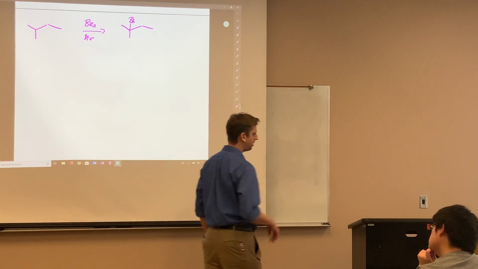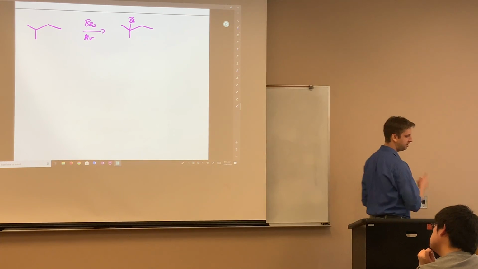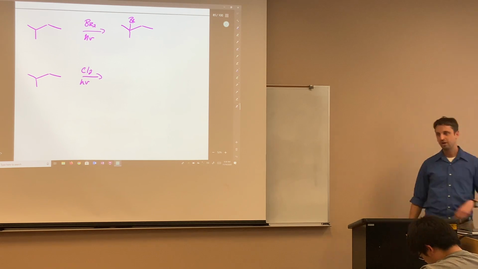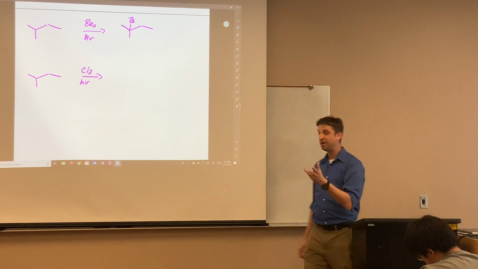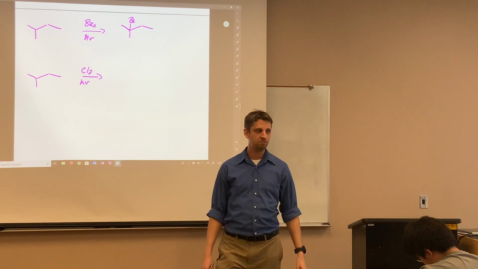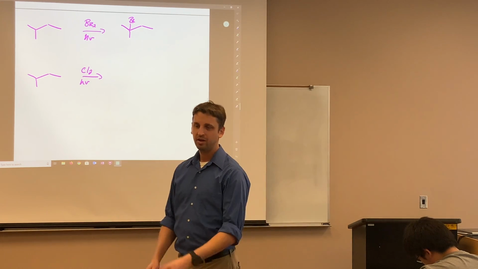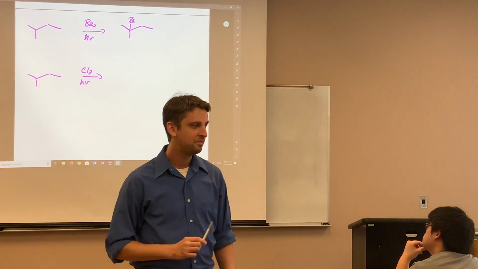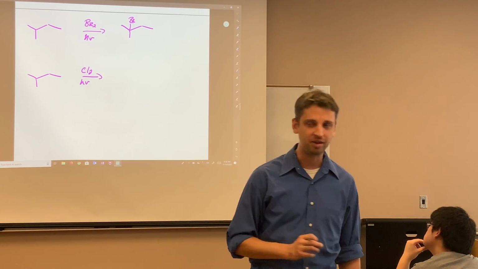Radical halogenation with chlorine is not quite as, let's say, well controlled. Radical halogenation with chlorine works, except chlorine has loose morals. It's just going to react with everything.